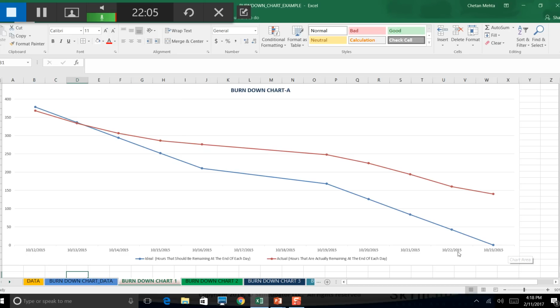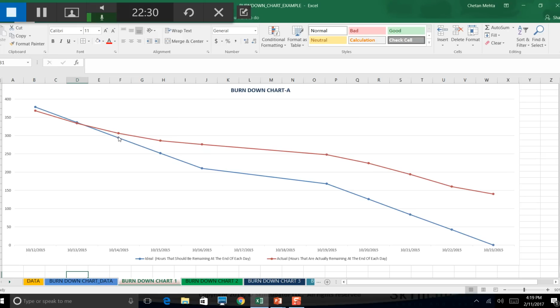Okay, so the x-axis tells us the days or the dates, and the y-axis tells us the number of hours remaining in the sprint. So if you see here, this gap is widening as the date moves on, right? Each day the gap is widening.